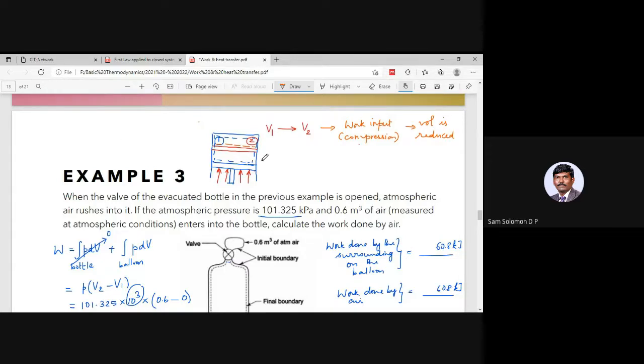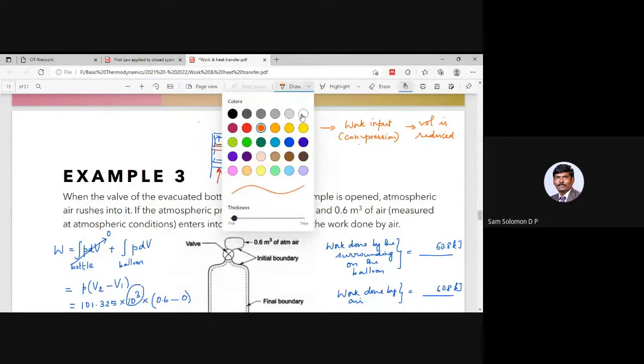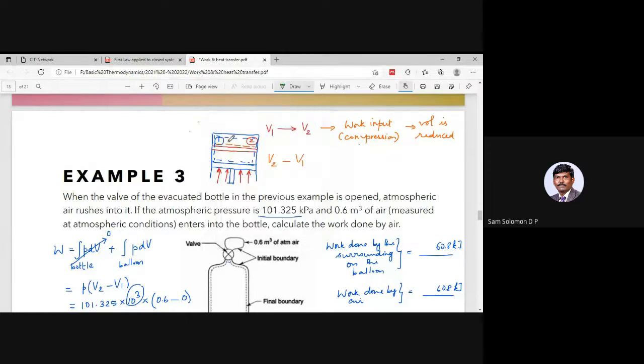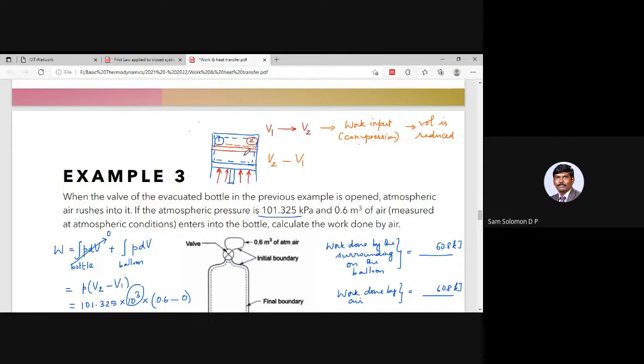Take the other way around. Now I am going to move from V2 to V1. Now the compressed gas, in the case of the power stroke of an internal combustion engine, during the combustion process, once there is a spark from the spark plug, or self-ignition in the case of a diesel engine, whatever may be the case, there is combustion taking place.